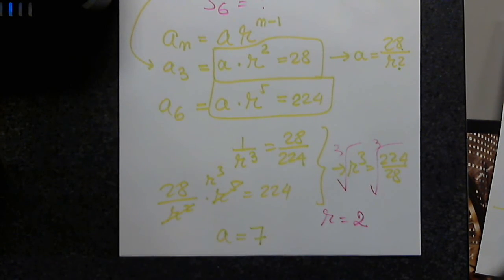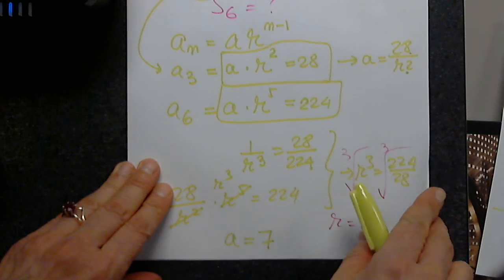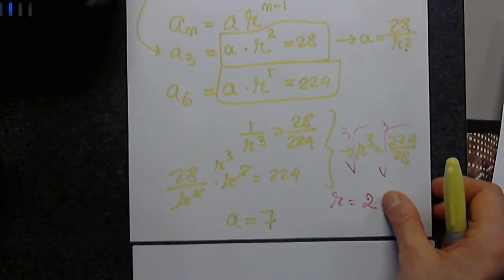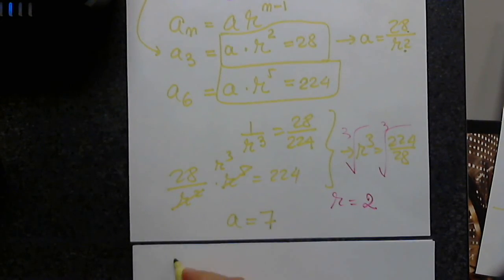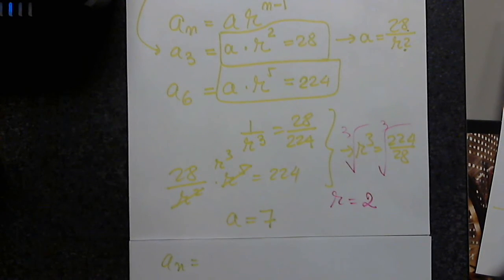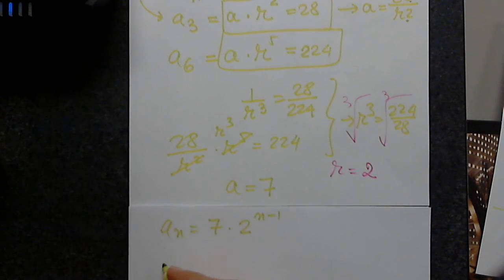Good. So now we know A sub n, the nth term of the sequence, which is 7 multiplied by 2 raised to n minus 1. Therefore, A6 is a, I'm sorry, I don't want A6. I want S6, sorry about that.